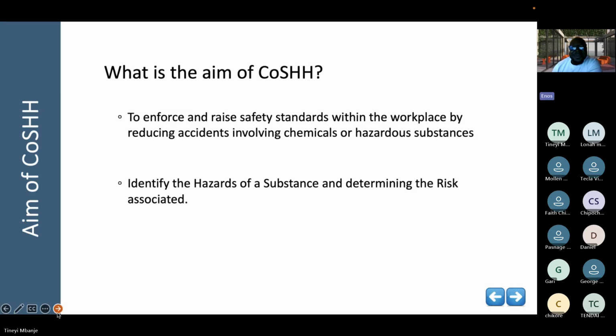If anyone can give me an example, guys. Anyone can give me an example of COSHH in their area and its aim? No? Personally, do you want to give us an example in your area? You're a consultant, so you've got tons of examples.